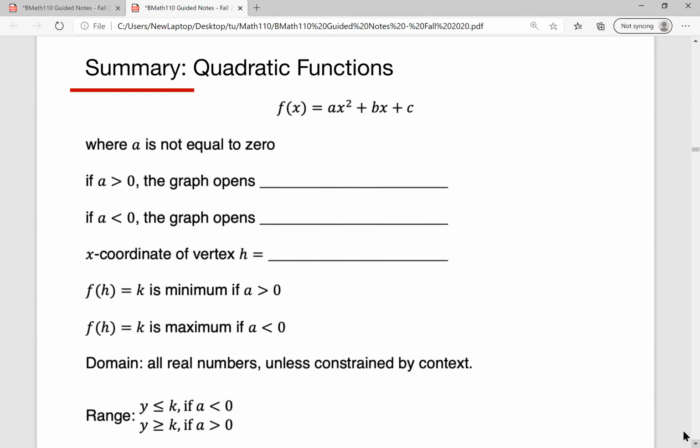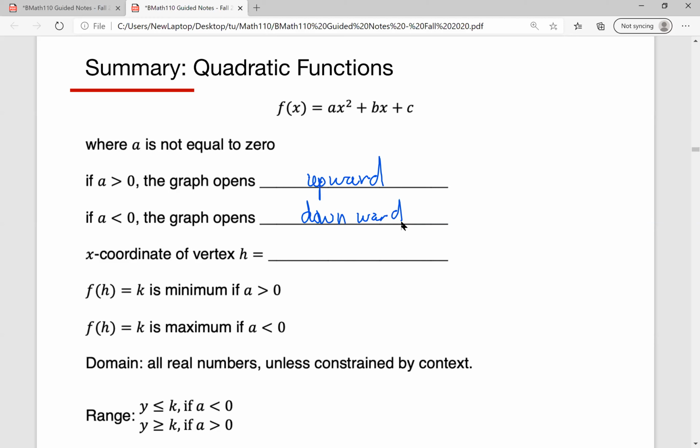And this page is a summary page. You can have the function fx equal to ax squared plus bx plus c. If a is greater than 0, the graph opens upward, and if a is less than 0, the graph opens downward.